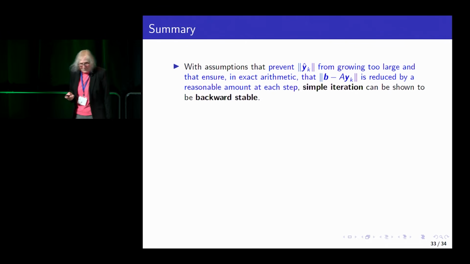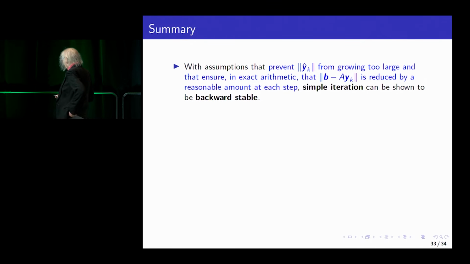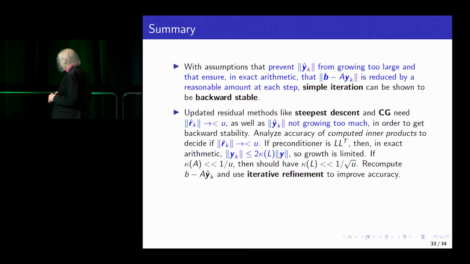All right, summary. With assumptions that prevent yk hat from growing too large and that ensure that in exact arithmetic the residual is reduced by a reasonable amount at each step, one can show that simple iteration is backward stable.